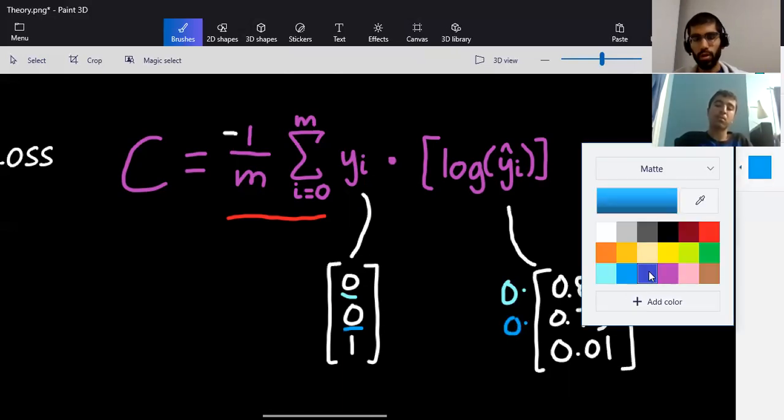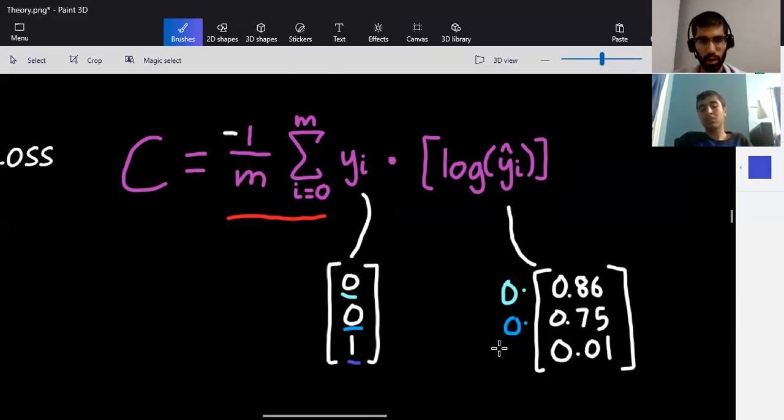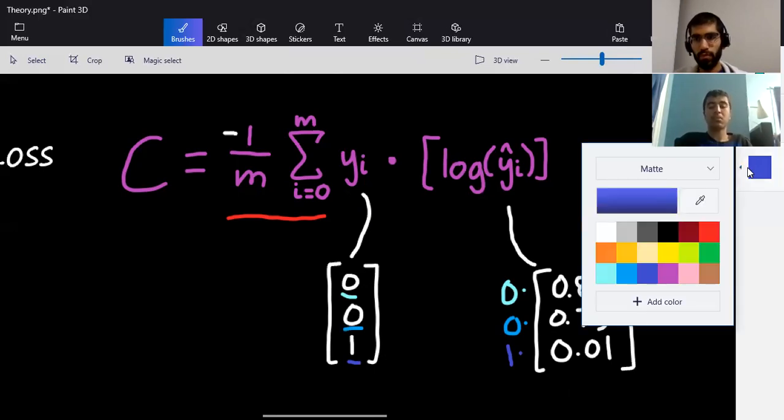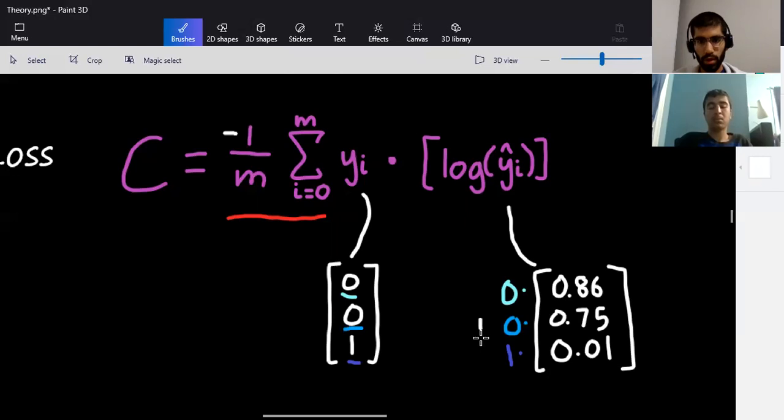And I take the final one, and all of this is multiplied by 1. Not this, by the way, I'm multiplying the log of these things. And then at the end, I'm adding up everything. So I'm adding up this plus this plus this. That's the dot product.